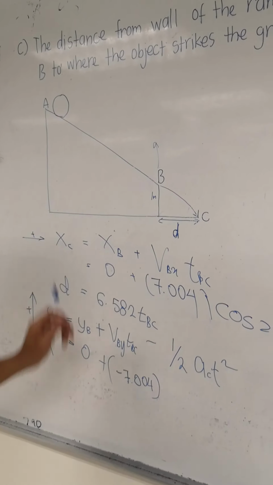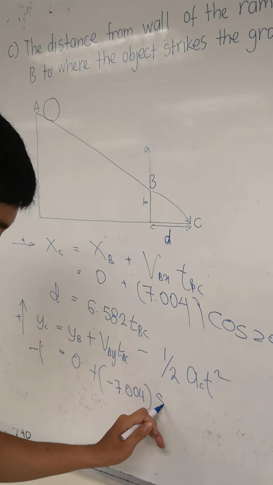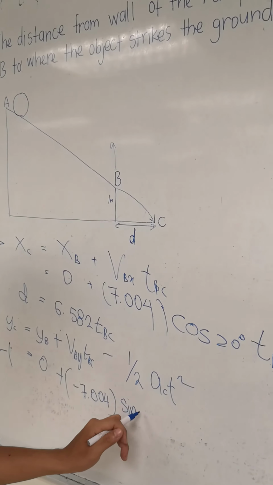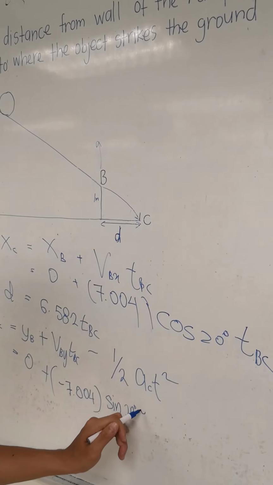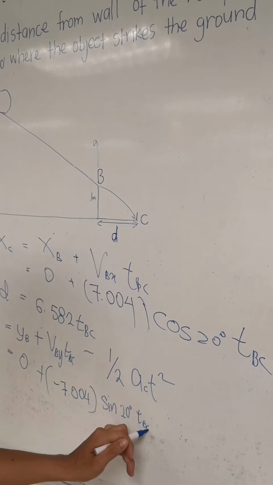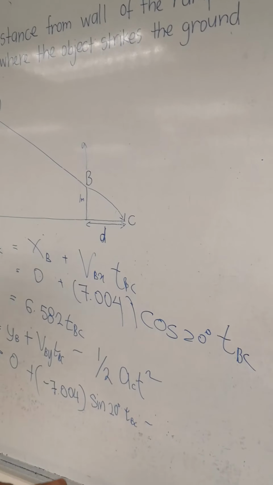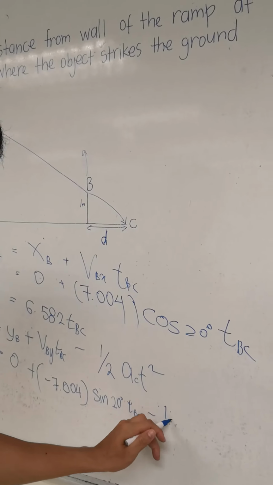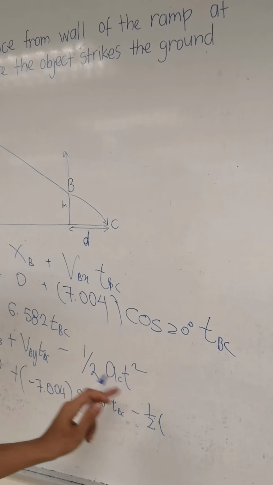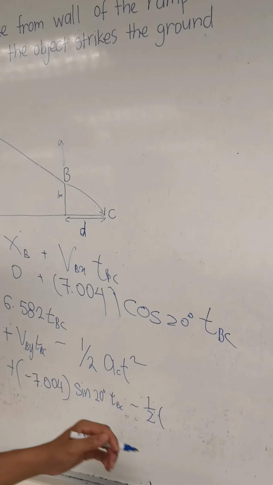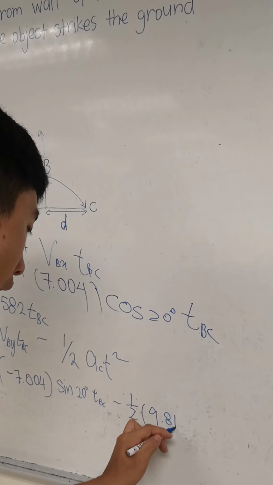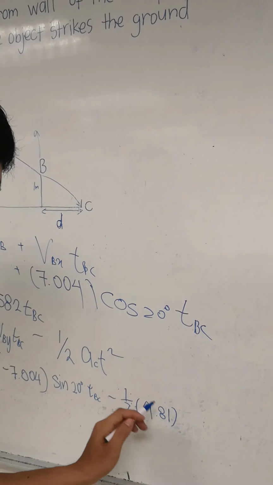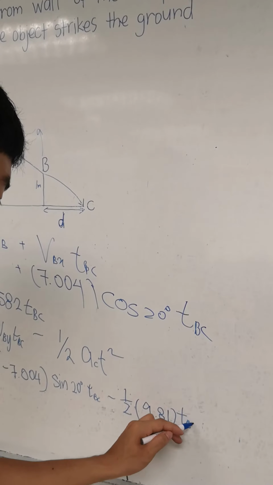For vertical we use sine, sine 20 is the angle we have, and t is the unknown tBC, minus one half of the constant acceleration, which is gravity 9.81, times the unknown tBC squared.